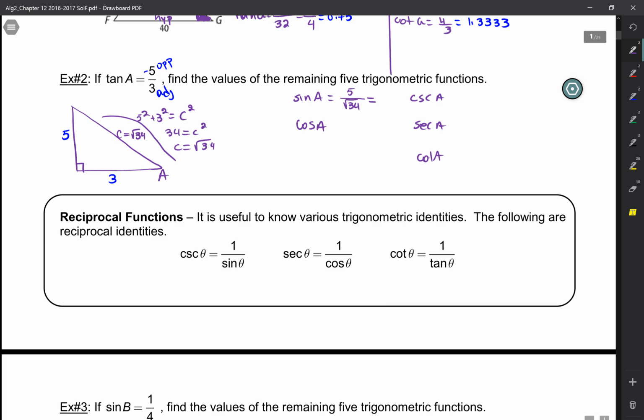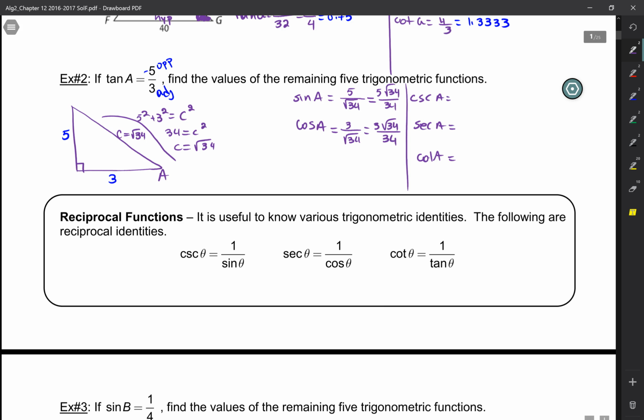You can't have a root in the denominator, so it'll be 5 root 34 over 34. Cosine of A will be 3 over root 34, which is 3 root 34 over 34.